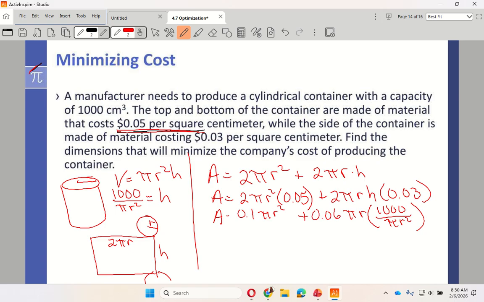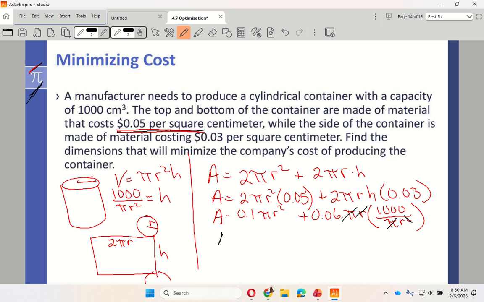And I can do a little bit more cleaning up here. I'm going to have pi here, so those go away. I can cancel out one of those r's, and the 0.06 times 1,000 is 60.